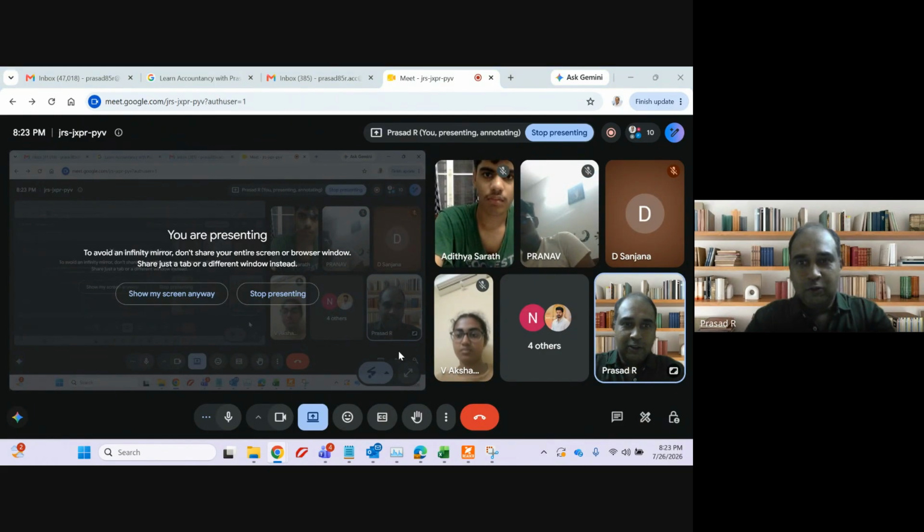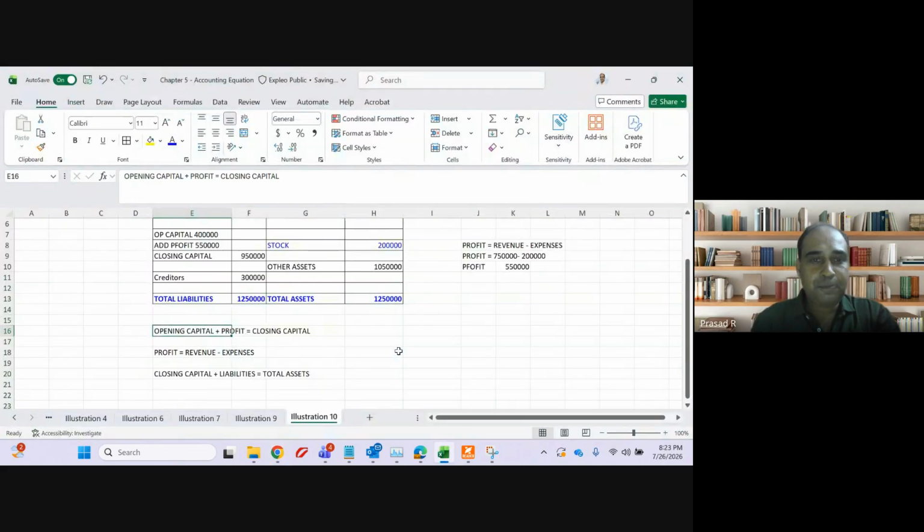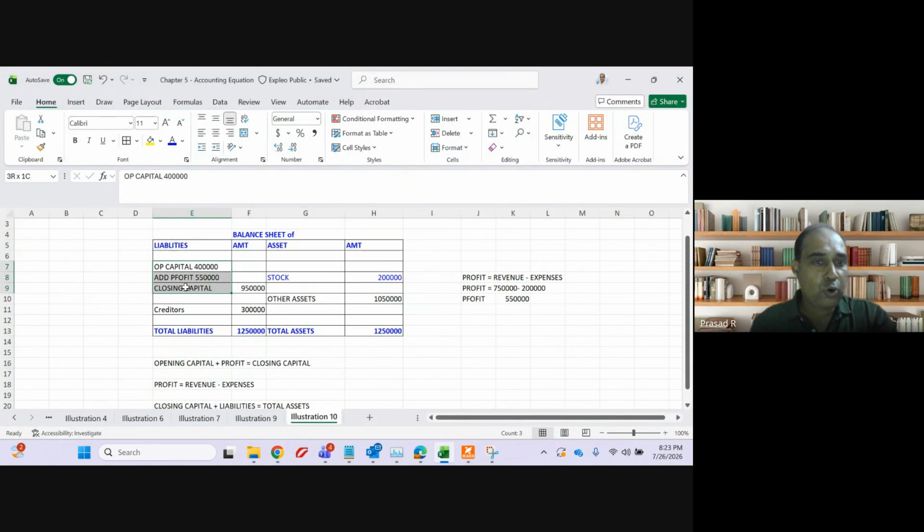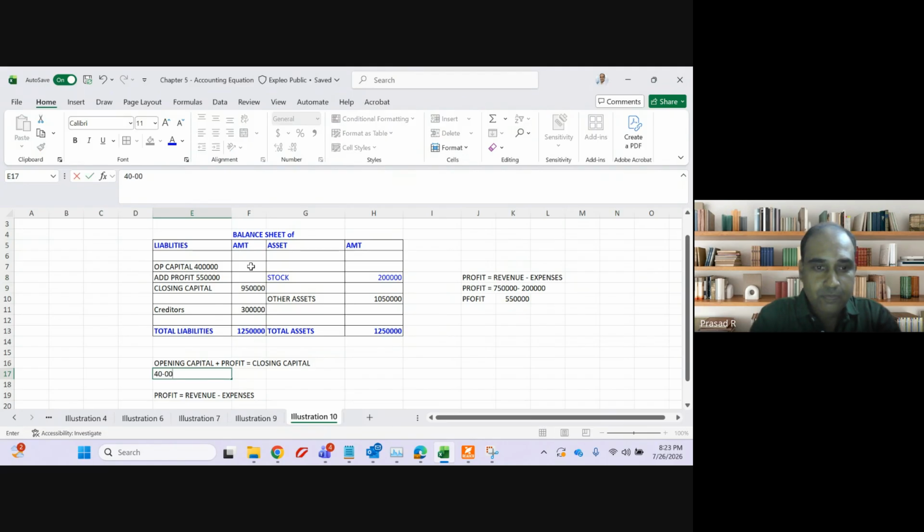Clear? First, what I did, opening capital plus profit. Opening capital plus profit, I got my closing capital. So how much was my opening capital? My opening capital was 4 lakh plus profit. Profit is 7,50,000 minus 2 lakh. I got closing capital of 9,50,000.